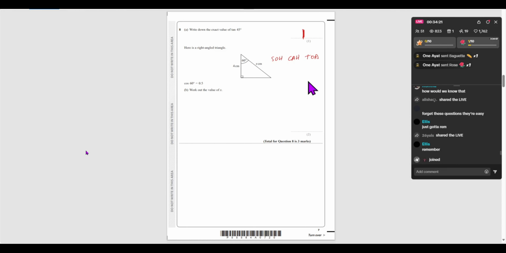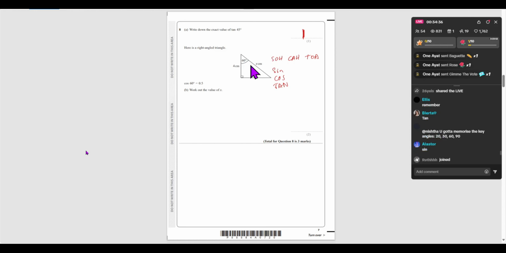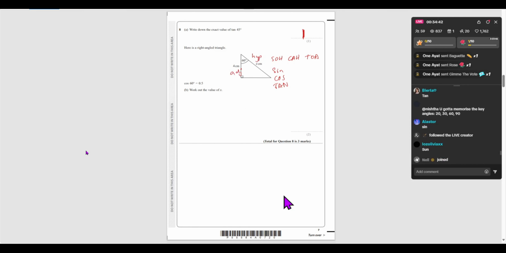Does anyone know which ratio we are going to be using, sine, cos, or tan, for this specific question? And remember, this is the hypotenuse, and this is the adjacent, so be careful which one you choose.